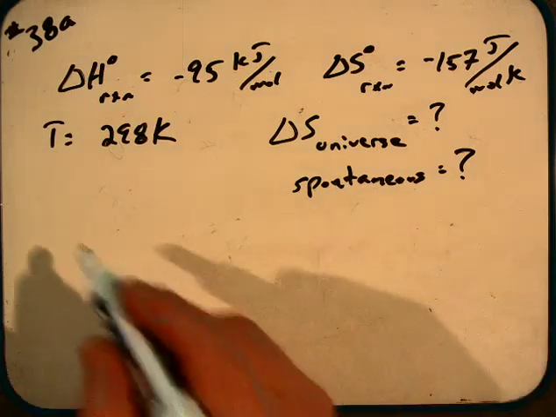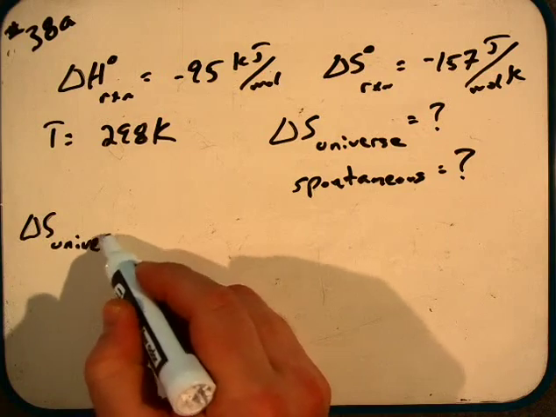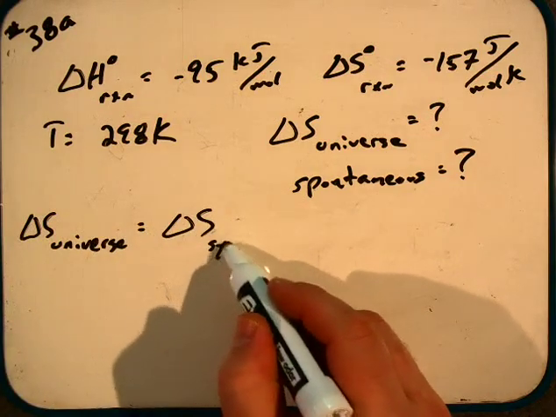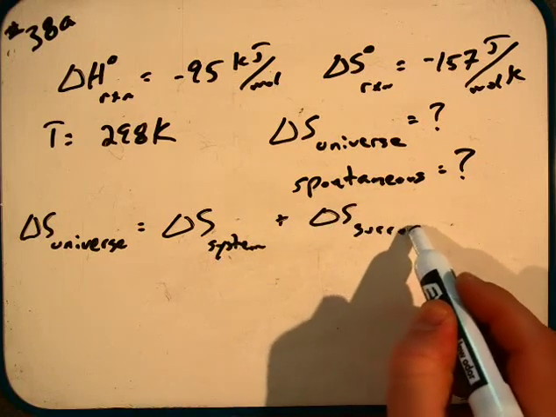To solve this type of problem, we need to use the relationship between the delta S of the universe and the delta S of the system and the delta S of the surroundings.